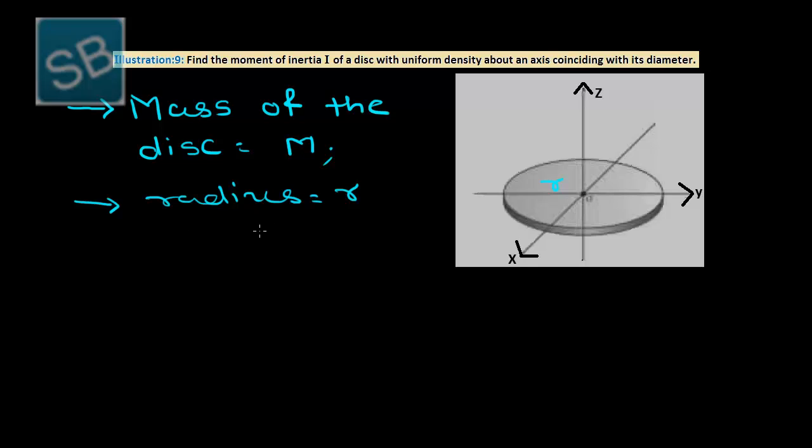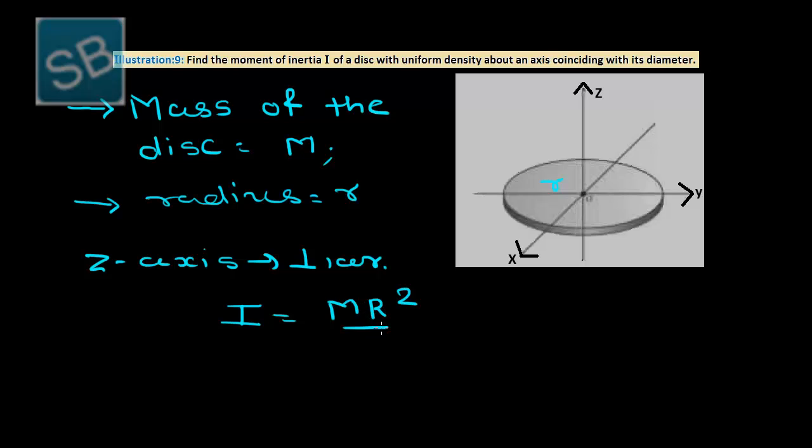And if you clearly see, the z-axis is perpendicular to the plane of the disc, and so we can find the moment of inertia about such an axis with the equation I is equal to mr square by 2.